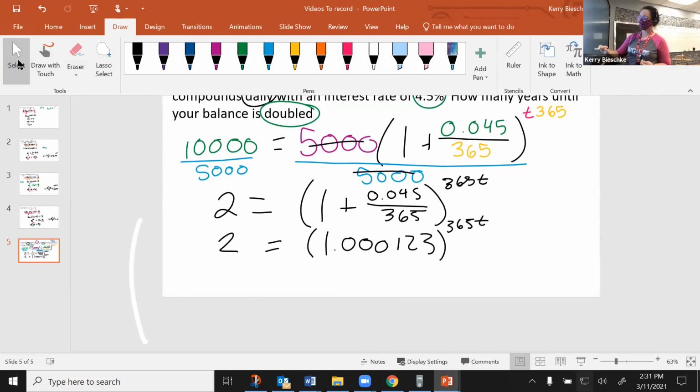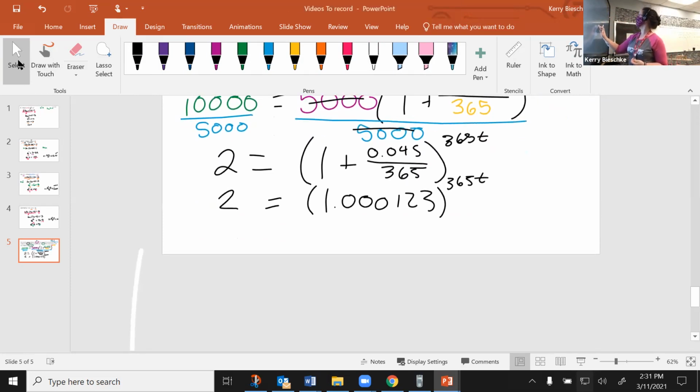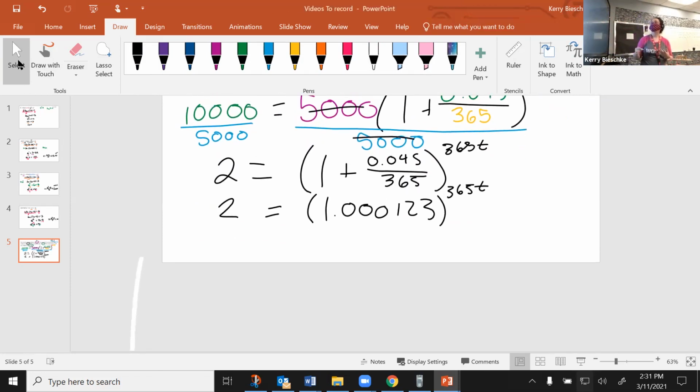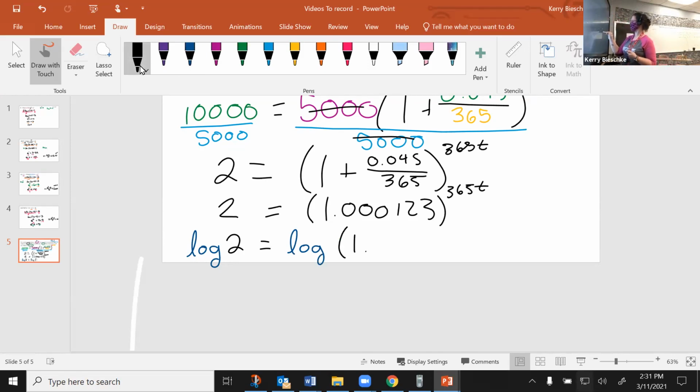So then what we're going to do to try and get this to simplify so that we can get that t out of the exponent is we're going to go ahead and take the log of both sides. So I'm going to do log of this side, log of 2, and that's going to be the same thing over here. Log of this side, log of this whole business, 1.000123 to the 365t.